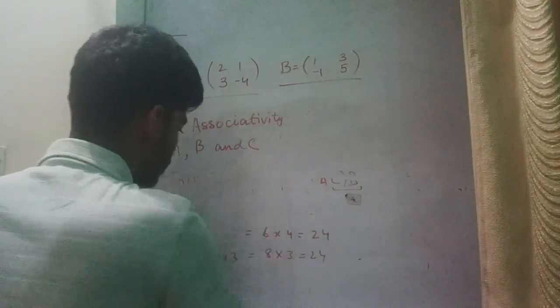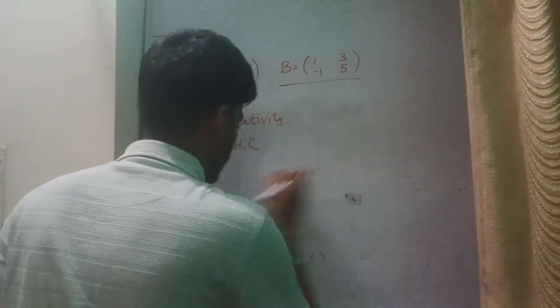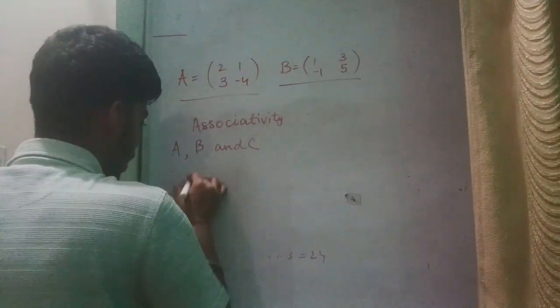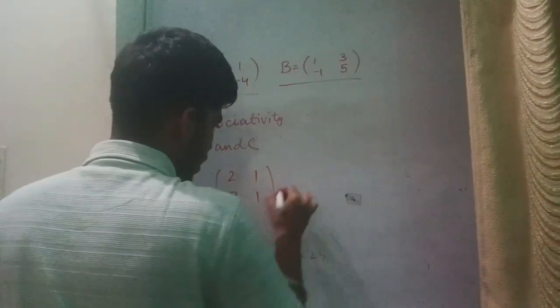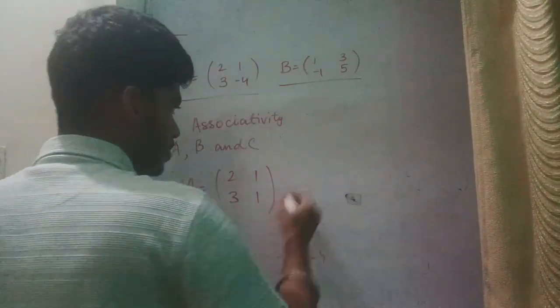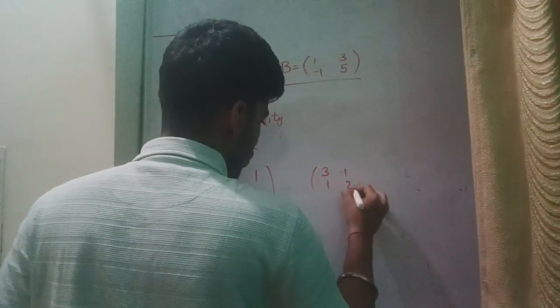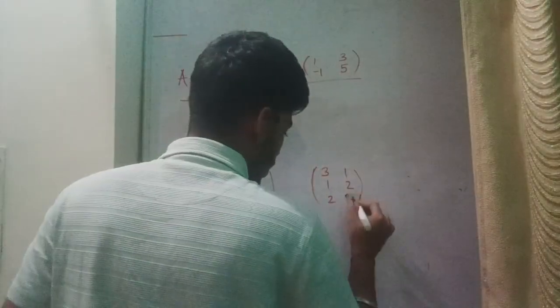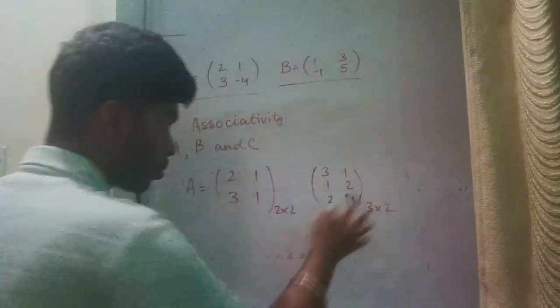We have to take care. And the most important thing when we are talking about matrix multiplication is that the order of the matrices holds great importance, right? So if I have a matrix A, which is 2 1 3 1, and let's say some matrix 3 1 1 2 2 1. So here I have 2 rows and 2 columns. Here I have 3 rows and 2 columns.